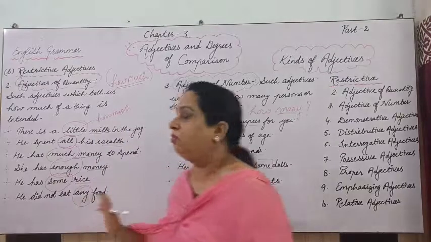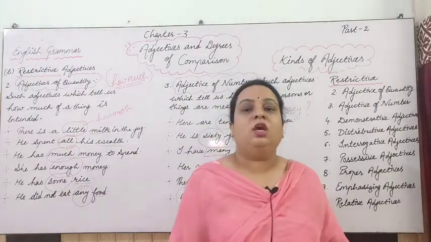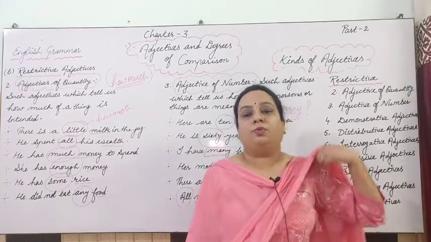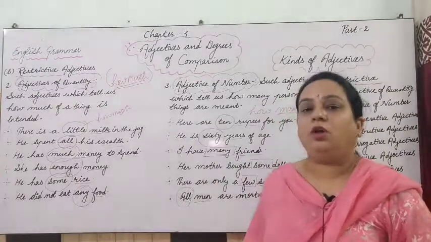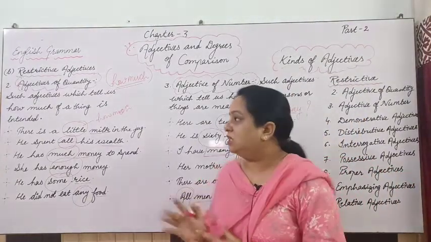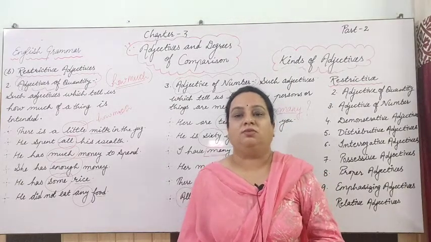And when we want to answer how much, the nouns used here should be uncountable or countable. So this is the basic difference between adjective of quantity and adjective of number.